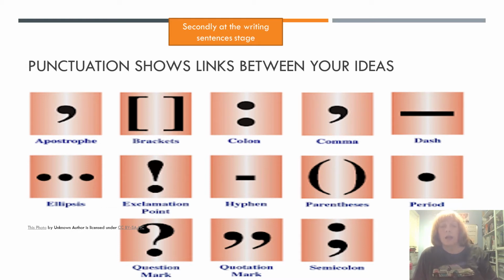So ask me in class if you're not sure, and we will go over that point. It's also really important that you understand that the semicolon and the colon are really important parts of punctuation, and they will signal to your examiner that at level 2 you really understand how to show links between your ideas.